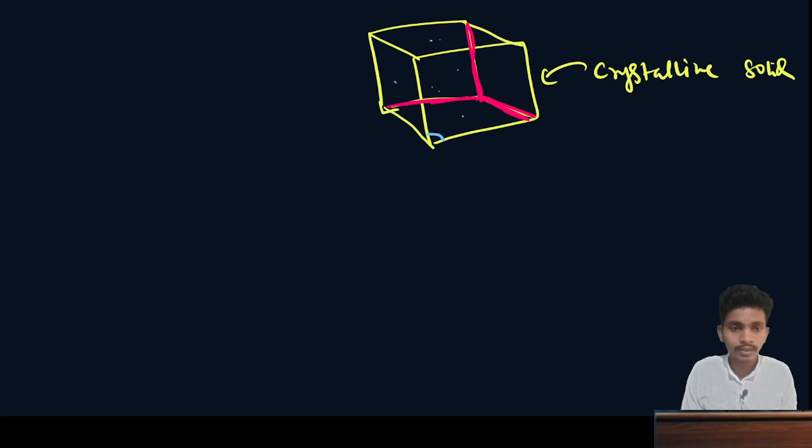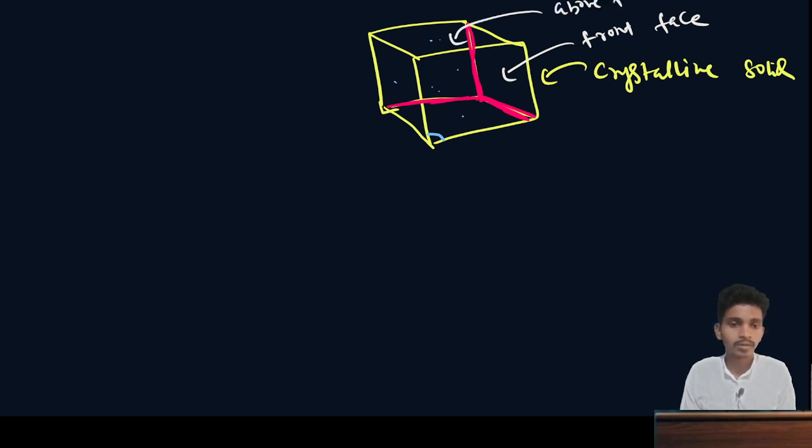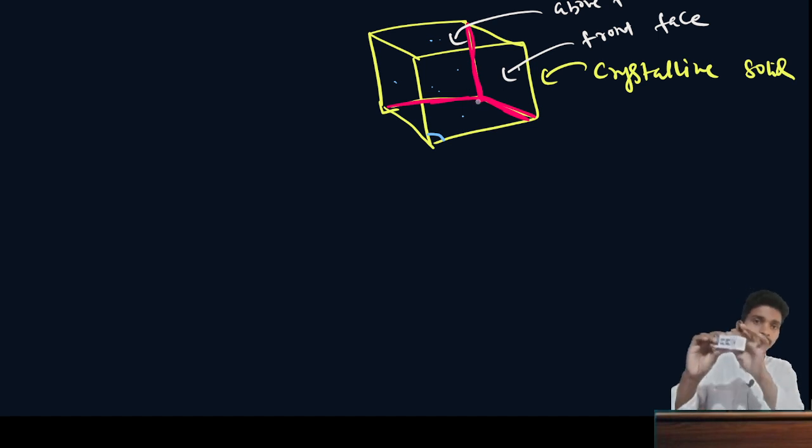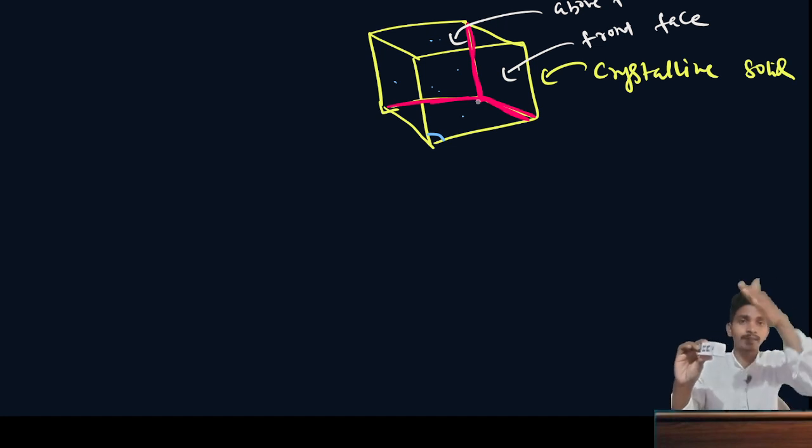Let's say this is the front face and this is the above face. The angle between them is 90 degrees, because they are perpendicular.